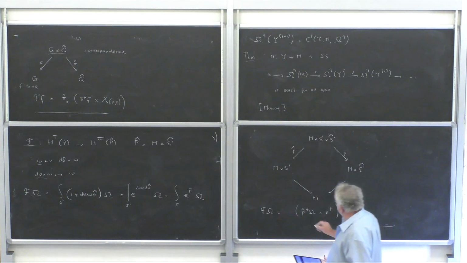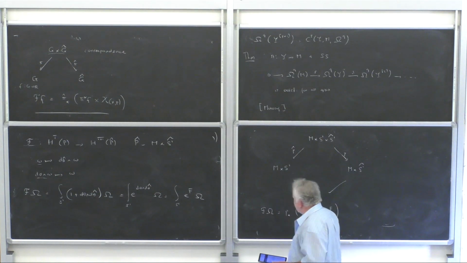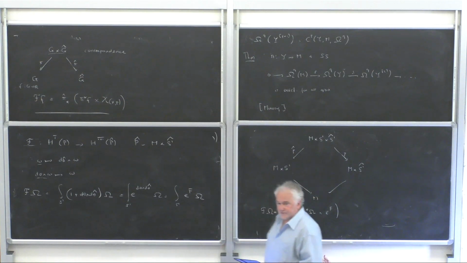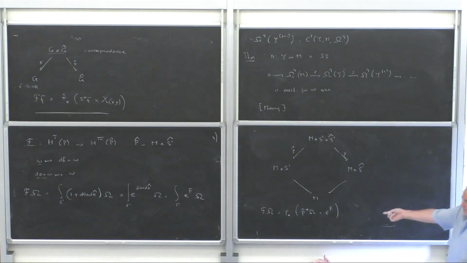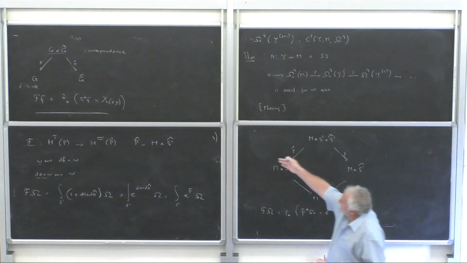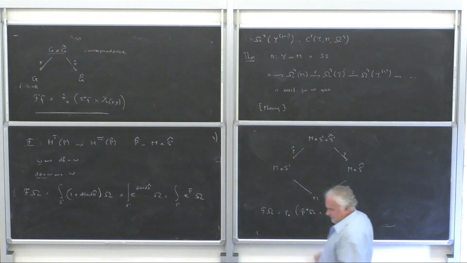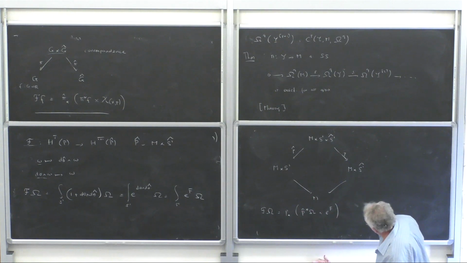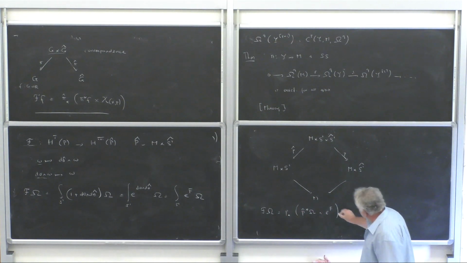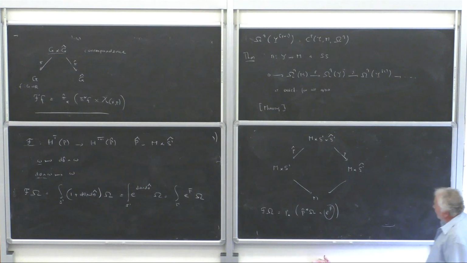And then I push it forward by integrating along the original fiber. So this is exactly the same formula, but now I have a Fourier transform for forms. And again, this object is actually quite universal.